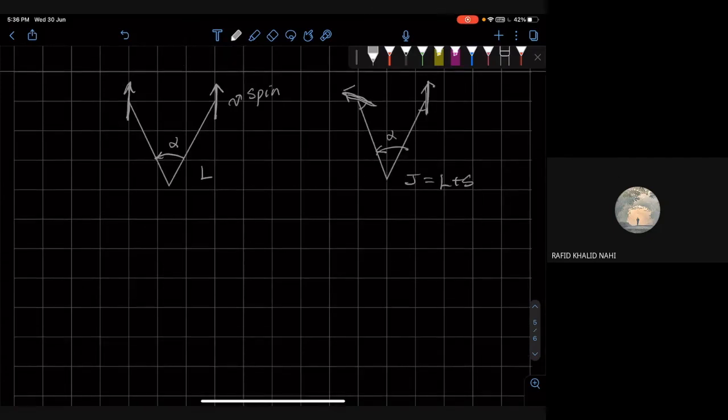On the other hand, if I just do a rotation using S, then if my system started in this configuration, it'll change to this configuration. Only the spin will change, but the system will not translate.